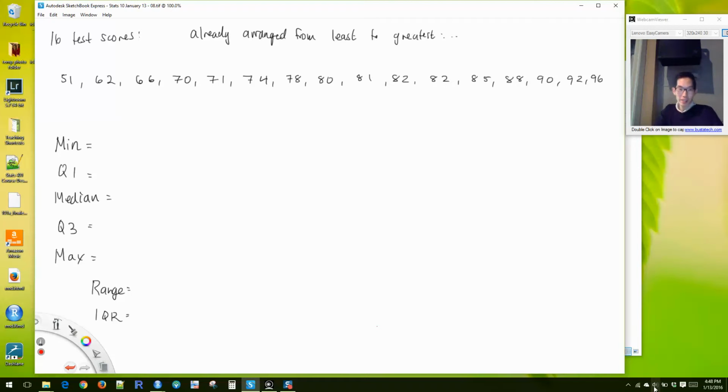Okay, so what is our smallest value, our minimum? 51, right? Okay, so to get our median, we have 16 values, so we count 1, 2, 3, 4, 5, 6, 7, 8.